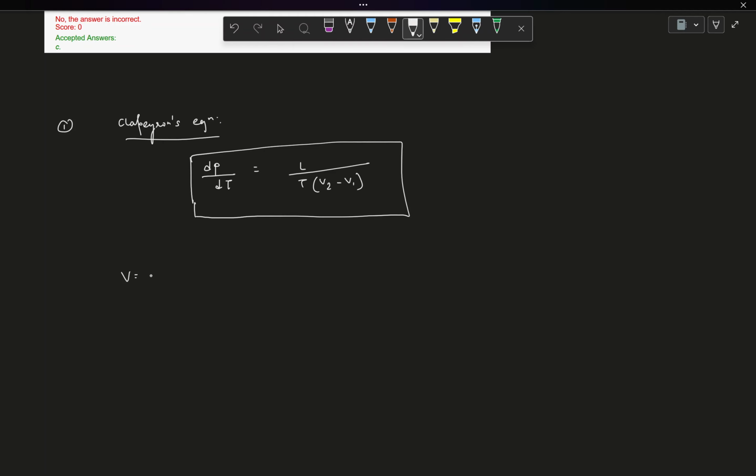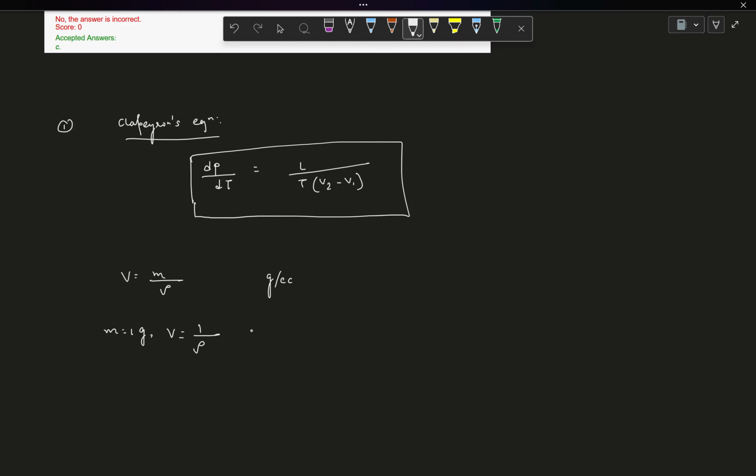So volume is basically mass by density, right? But in this case there is no information about mass, so the only information you have is the density from solid to liquid. Because it is gram per cc, you can by default consider that your m is 1 gram, and in that case your V will simply be 1 by rho.